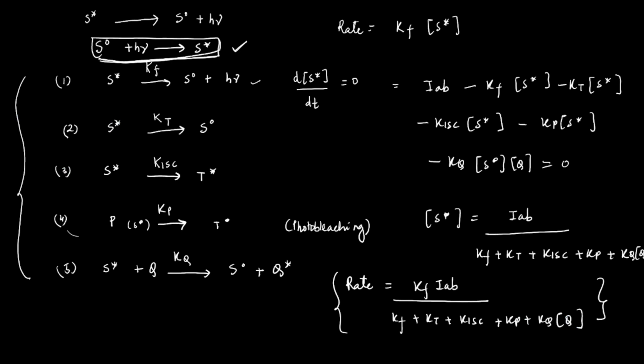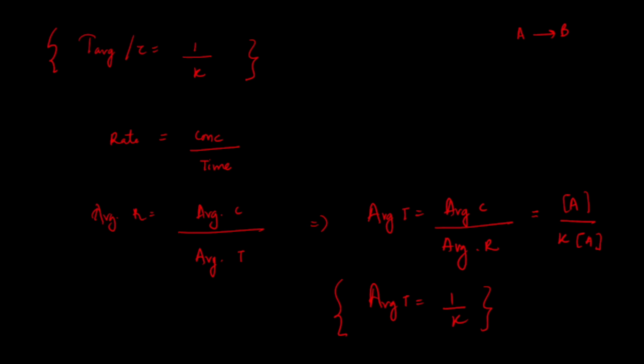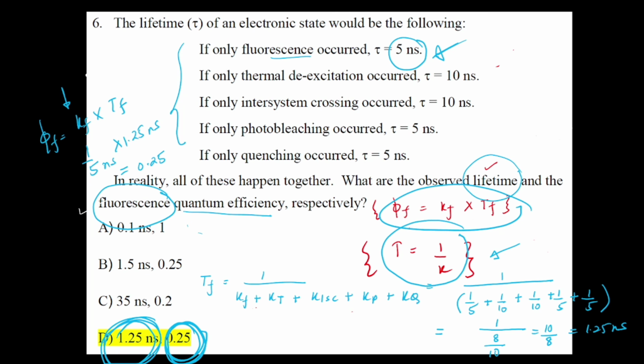Why I did all these steps is to give you an idea that this is how we can actually get to the correct definition or the correct derivation. This is not the required derivation for the question, but that's how we get to this particular formula. These are the various steps of fluorescence. In the question they have asked the lifetime of fluorescence, so we can get the reciprocal of the fluorescence rate constants.